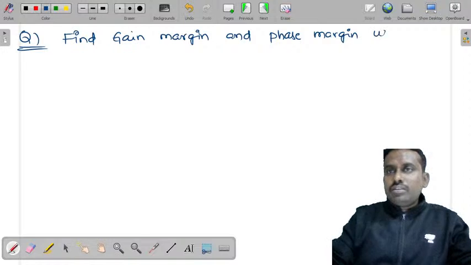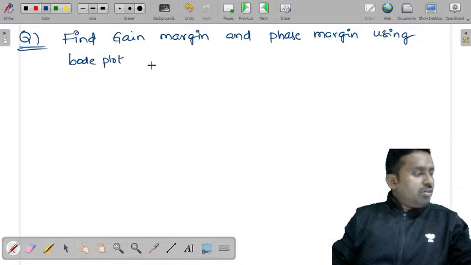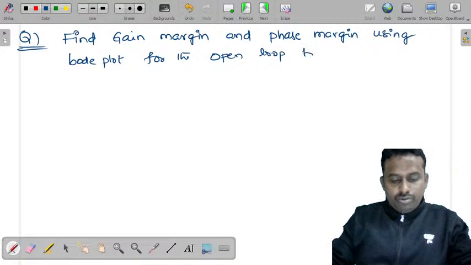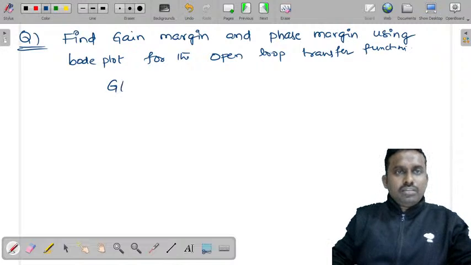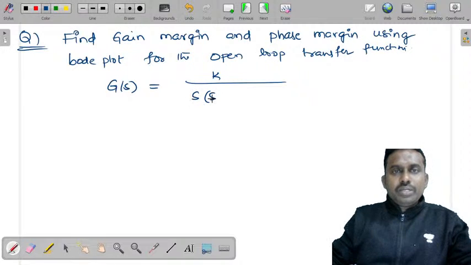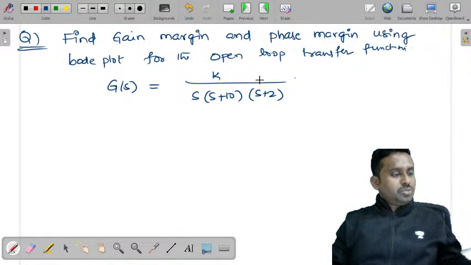Using Bode plot for the open loop transfer function, G(s) is equal to K by s into (s plus 10) into (s plus 2). This is the question: K by s into (s plus 10) into (s plus 2).